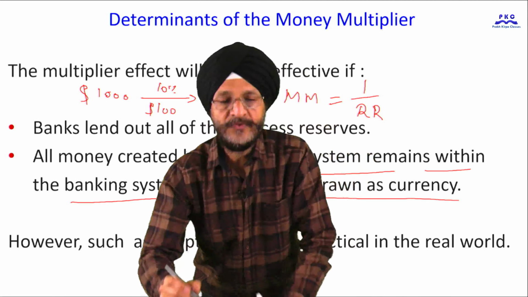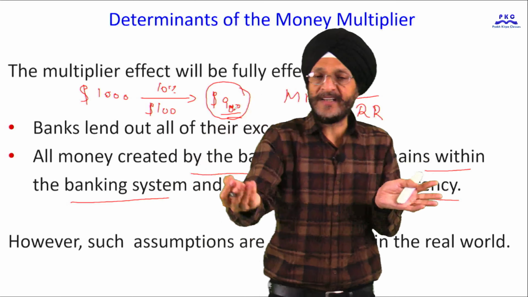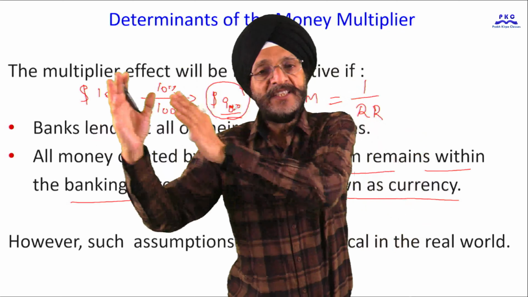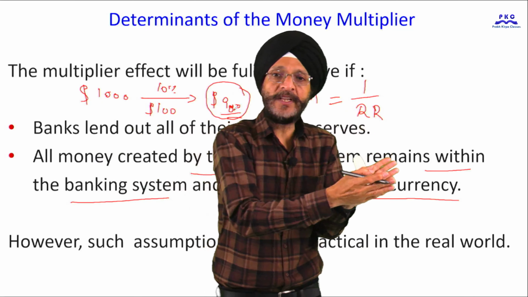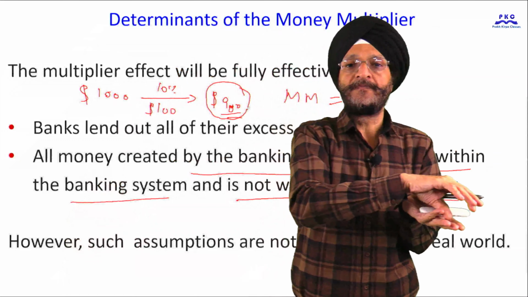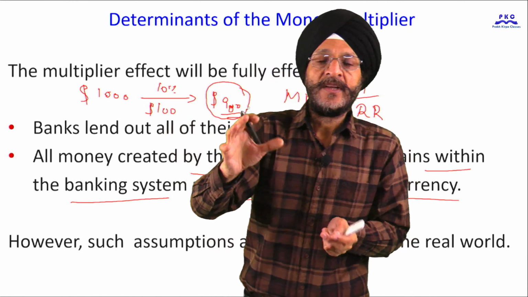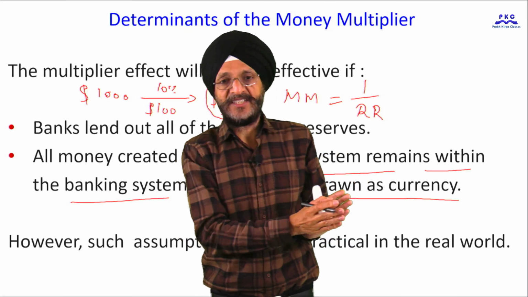When this amount is used for purchasing goods, availing services or paying debts, the person receiving it deposits all of it in the banking system, and this money again becomes part of the banking system. No amount of this $900 is kept by the recipient as cash at home. All this money gets redeposited into the bank.